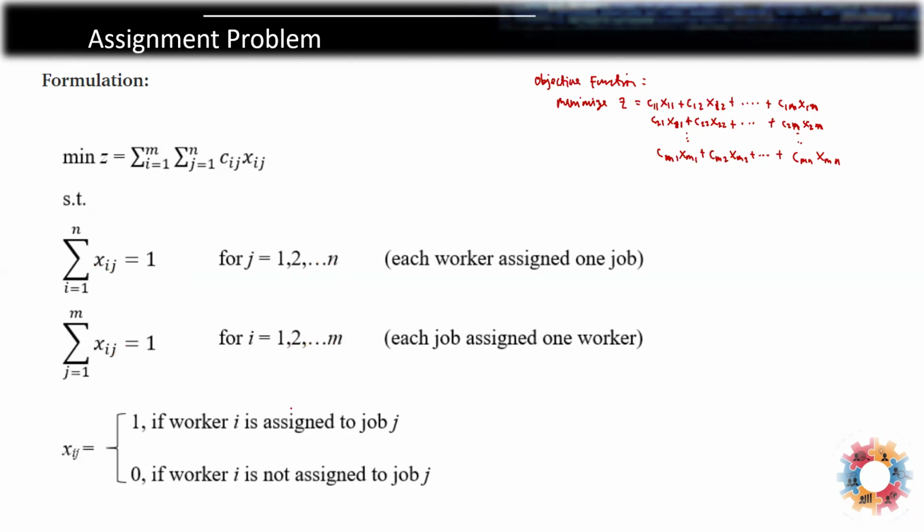Now, again, remember that x sub ij can assume 1 or 0, depending on whether a worker is assigned to job or a worker is not assigned to job, respectively. These are what we call the non-negativity restrictions: x sub ij greater than or equal to 0. Now, how do we solve an assignment problem?